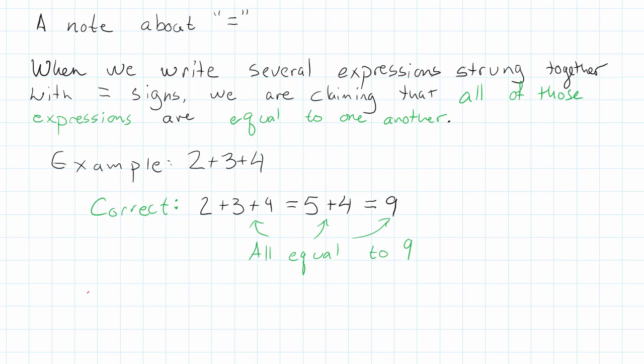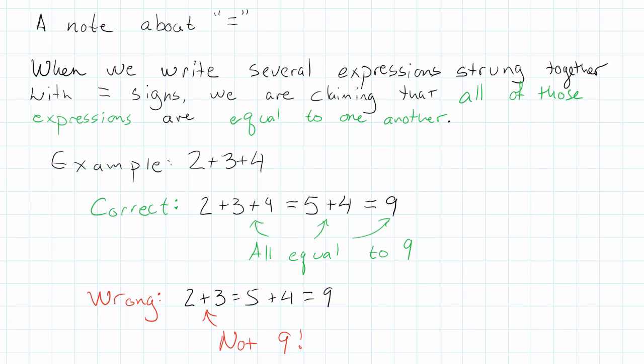Something I very commonly see is this. It's to say, we're adding 2 plus 3, that's 5, add in 4, and that's 9. Why is that wrong? Because that first expression is not equal to 9. We should write equal signs between expressions that we're claiming are equal to one another, and between expressions that we are not claiming are equal to one another, we should not write the equals sign.